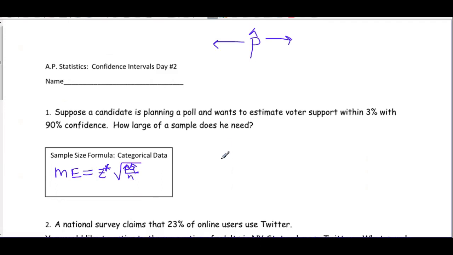Okay, in this problem, our margin of error is 0.03. And remember yesterday we talked about some of our special critical z-scores. If we want 90% confidence, that value was 1.645.